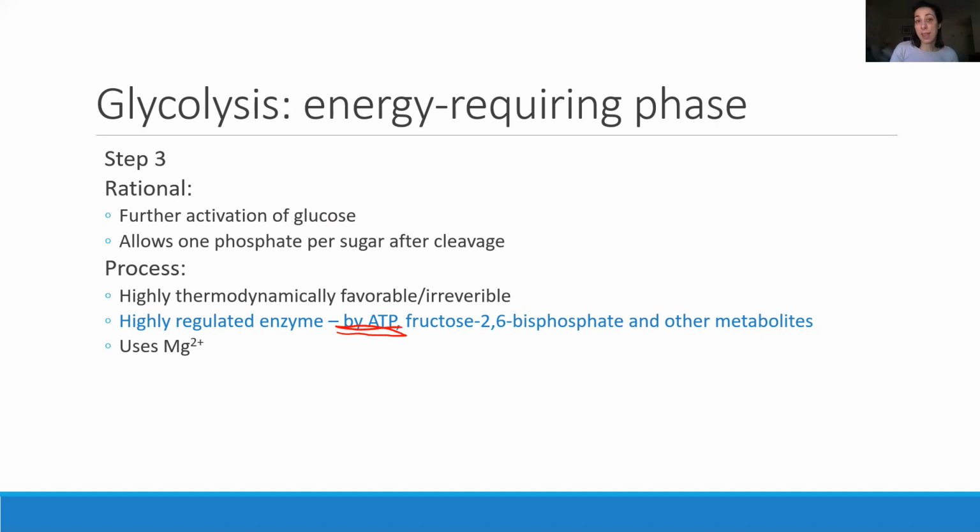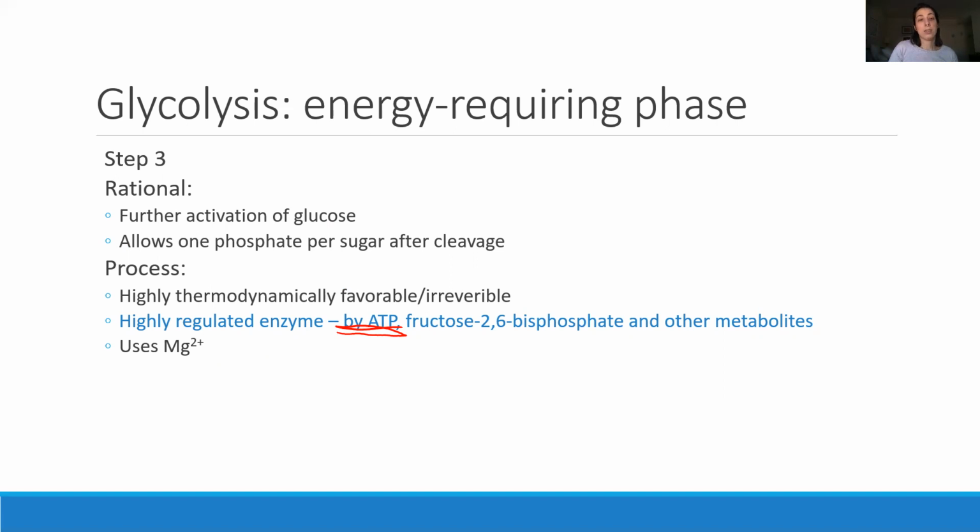If we have a lot of ATP around, it will stop this step from happening because we do not need to continue down the irreversible stage of breaking down glucose if we have a lot of currency already. So ATP itself is going to, if there is a lot around, inhibit this enzyme from continuing.